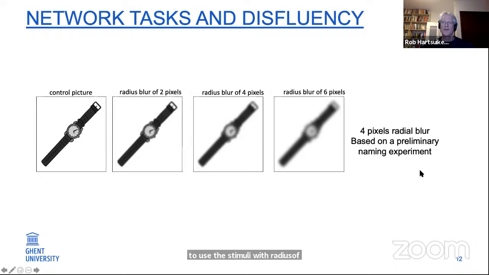And we looked at the speed and accuracy with which people named these items and observed that with 4 pixels, people had a significant and quite considerable delay in naming latencies, although the accuracy of naming was relatively comparable to that in the control condition. So that seemed like a good level of blurring for our experiments.